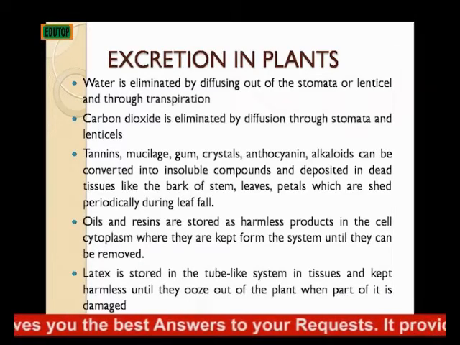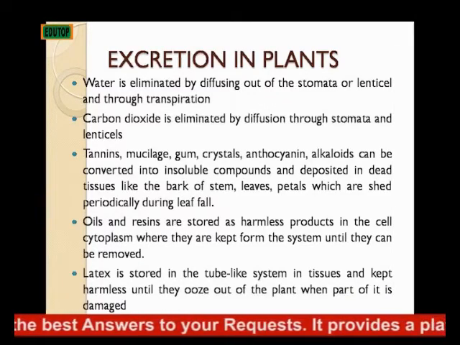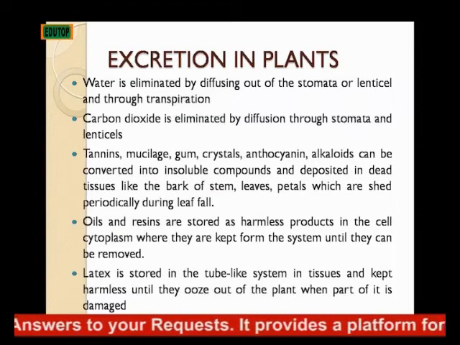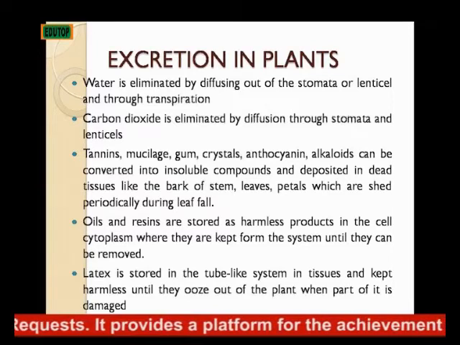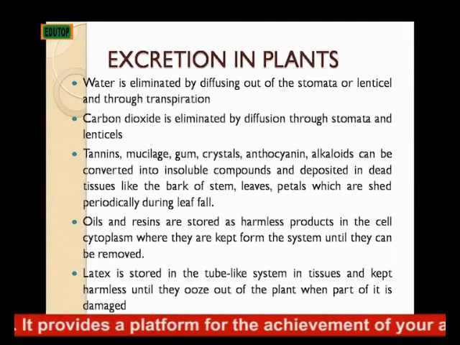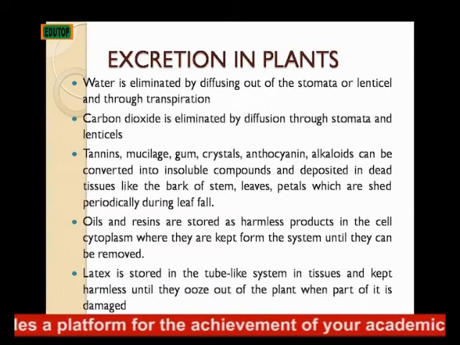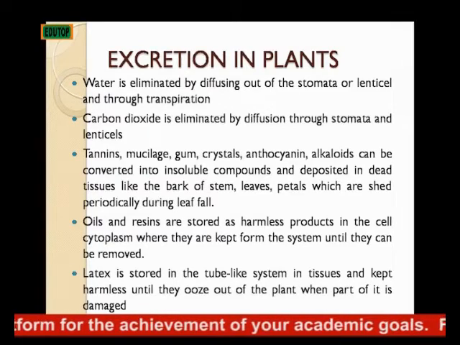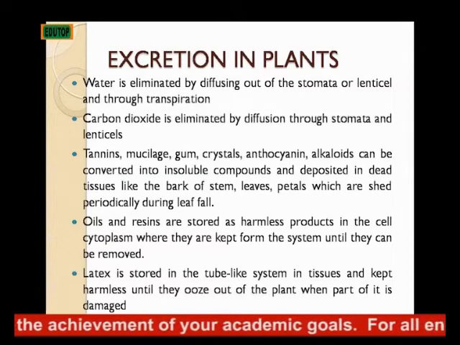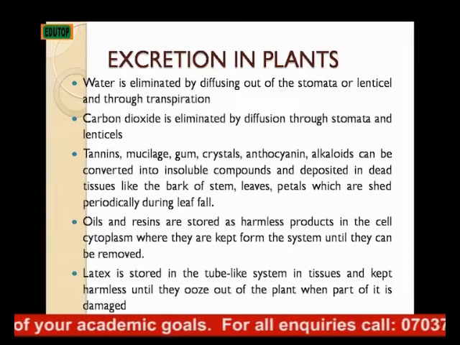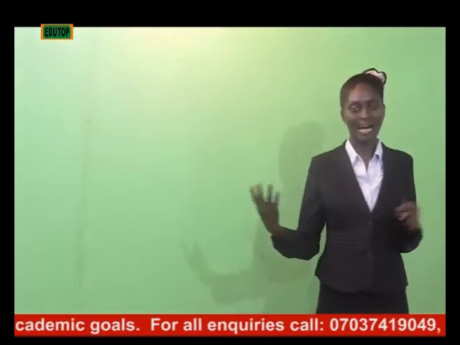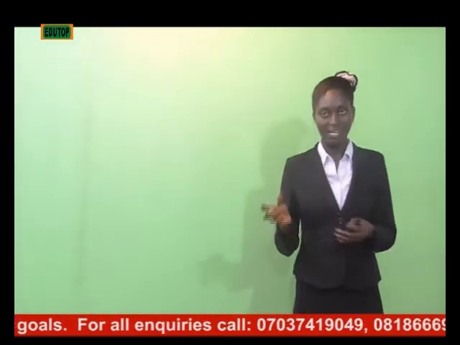The tannins, mucilage, gum, crystal, anthocyanin, and alkaloids can be converted into insoluble compounds and deposited in dead tissues like the bark of the stem, the leaves, the petals, which are shed periodically during leaf fall. So these are converted into insoluble substances.